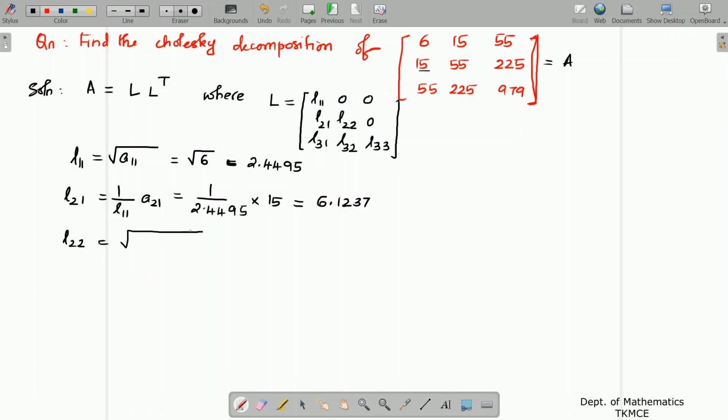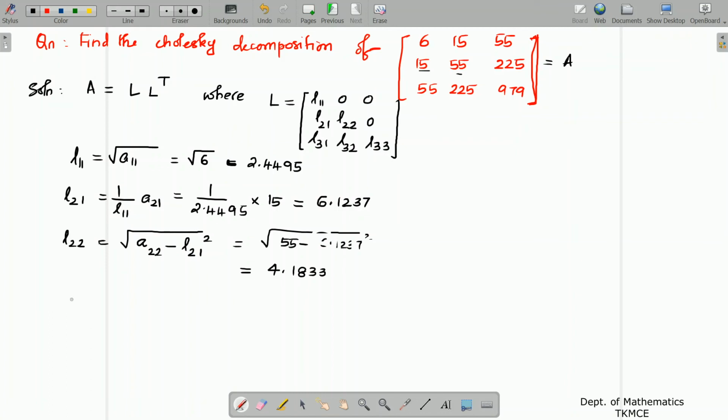Now we can find L22. L22 is square root of A22 minus L21 square. A22 is second row second column, so it is 55 minus L21, which is 6.1237, square, and the value is 4.1833.